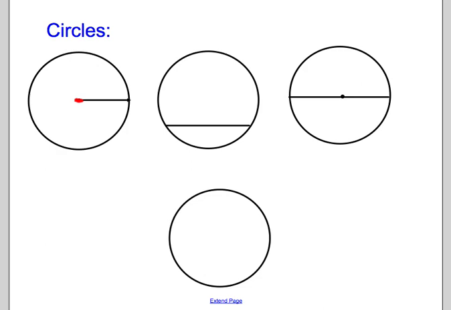All of these points on the circle's edge are the same distance from the center. That's what makes it a circle. That distance from the center of the circle to the circle's edge is called the radius.